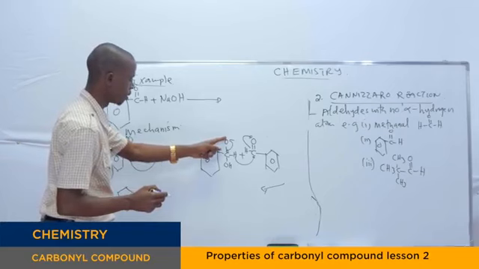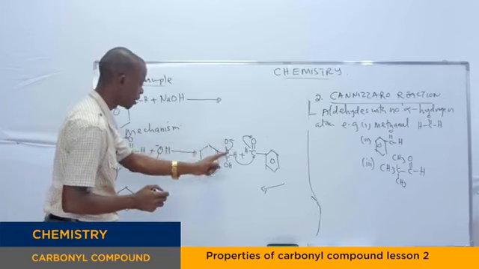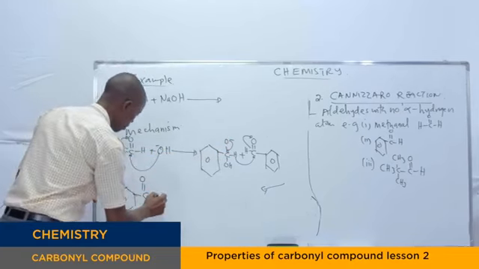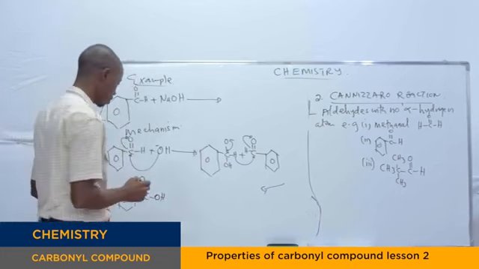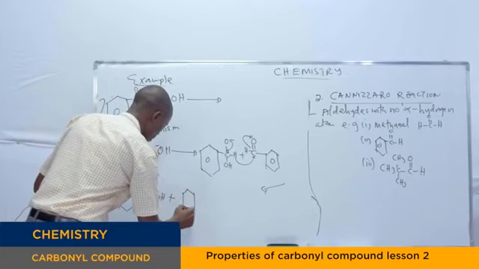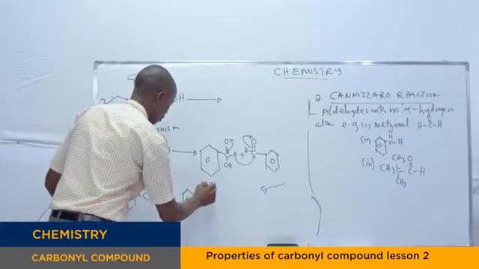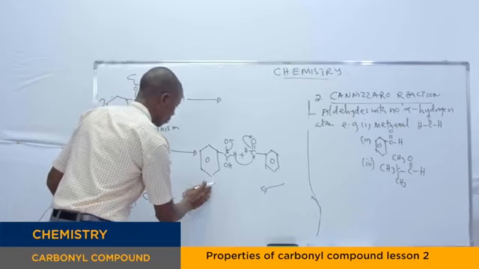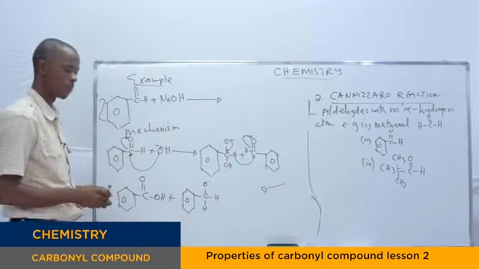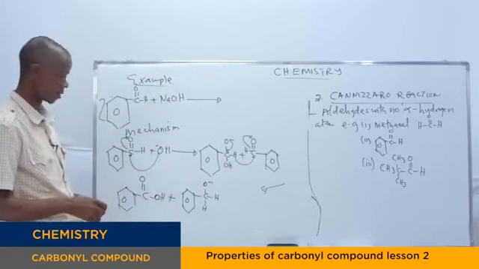When this electron comes back to the carbon, there will be a formation of a double bond. So this is the carboxylic acid which is formed. And this compound will be as follows. And this proton here, so this is negatively charged. The reaction is not yet complete.